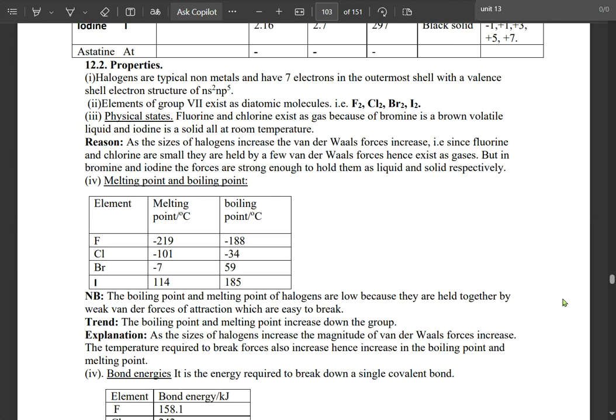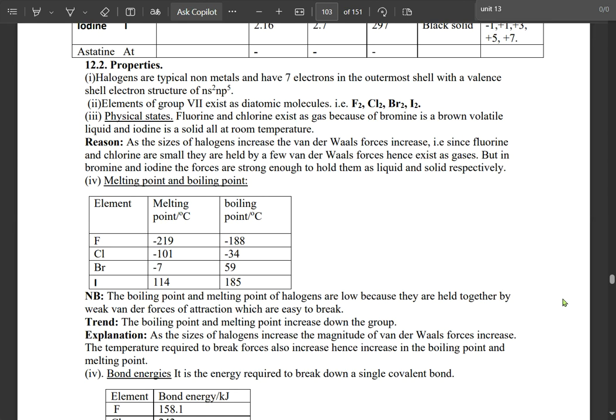As you understand, as the van der Waals forces increase, the melting point will increase and the boiling point will increase, because the heat energy or temperature required to separate those strong van der Waals forces will be much more than the energy required to break down the van der Waals forces, like the ones present in fluorine and chlorine.